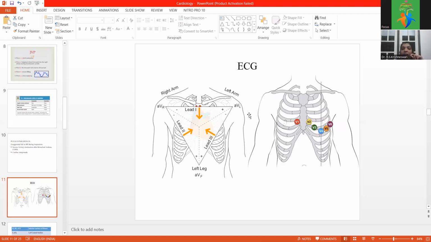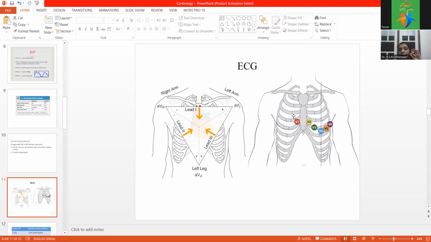Lead 3 connects left arm with the left leg, with negative in the left arm and positive in the left leg. You understood, I think. We are not going to the details of the ECG, just the points we need. And there are 6 chest leads, numbered from V1 to V6.